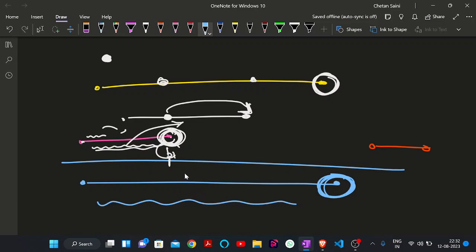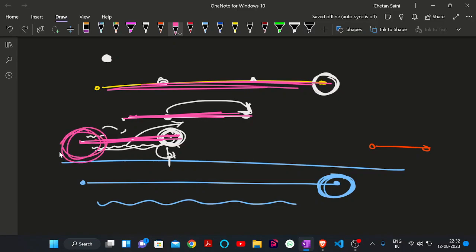So the idea is that if there are any overlapping segments, then you can merge them. And how to merge? Find the minimum point, find the maximum point, and merge those 2 points directly.